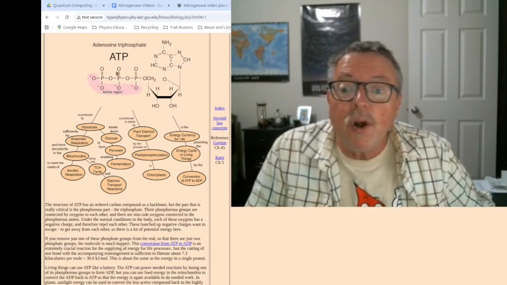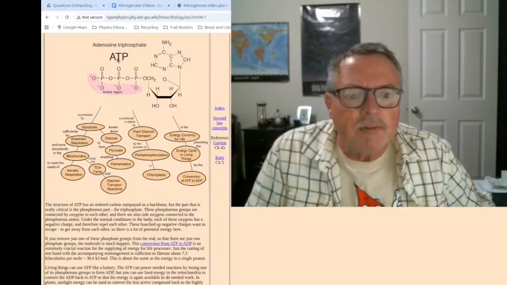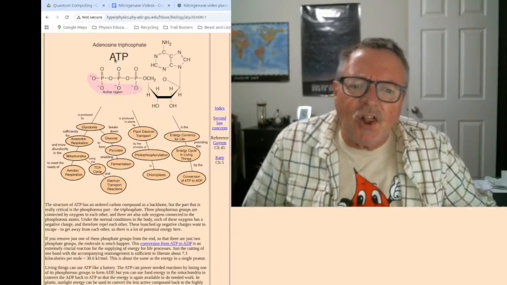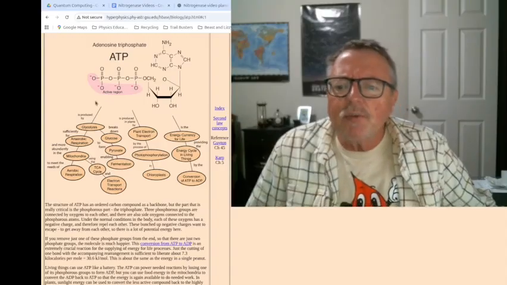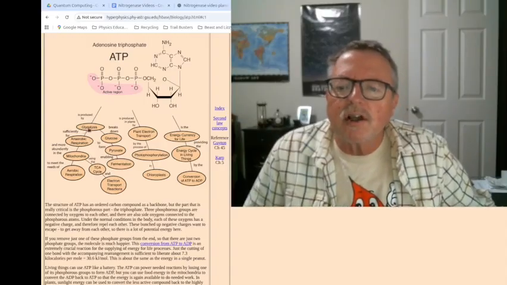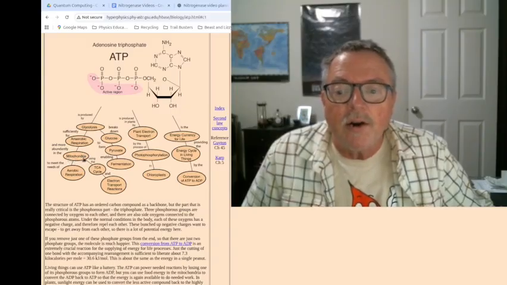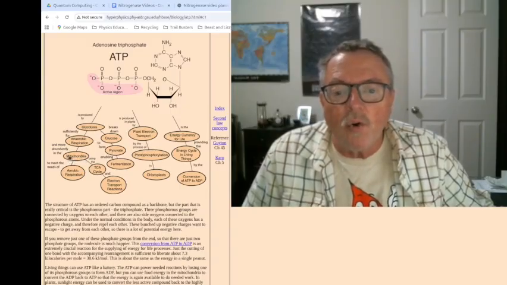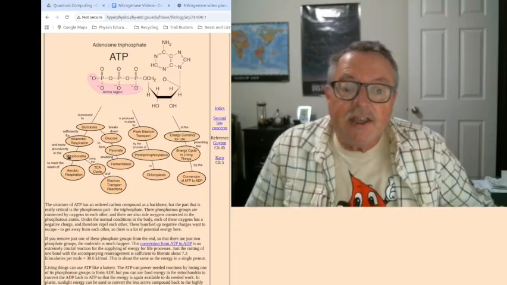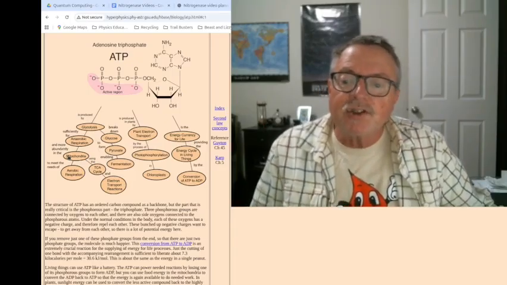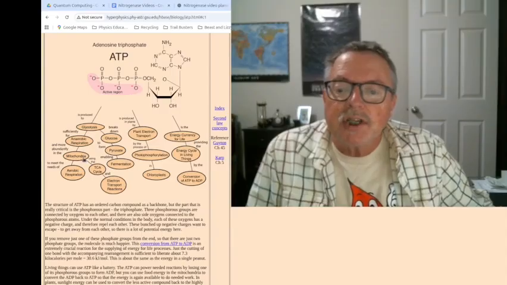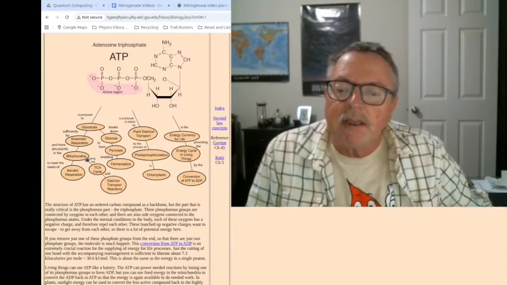Let's talk about where the ATP comes from. It's inside the cell, and in that cell we do this process called glycolysis. The mitochondria are bacteria-like organelles in the cell of a plant that produce this ATP.